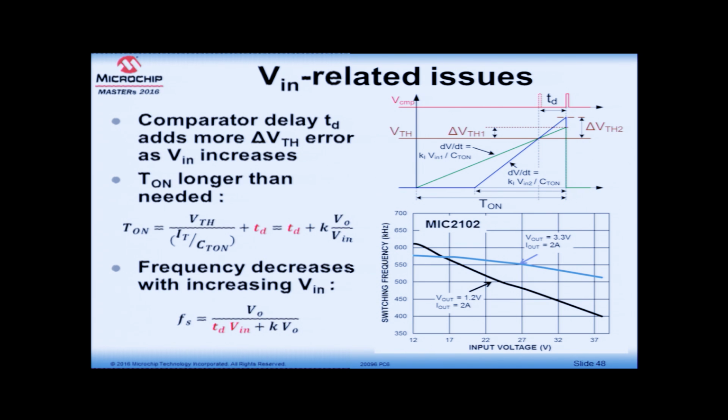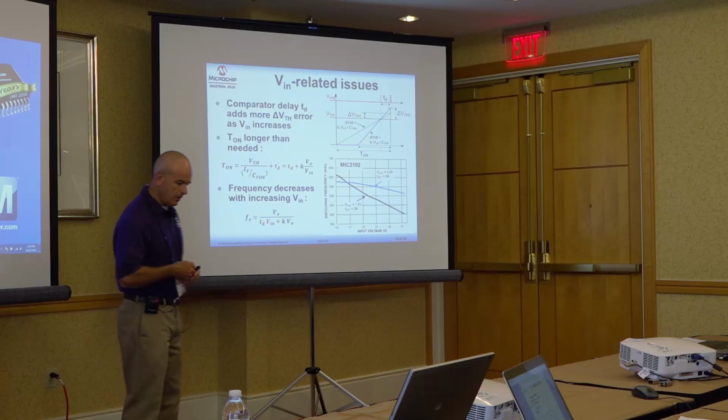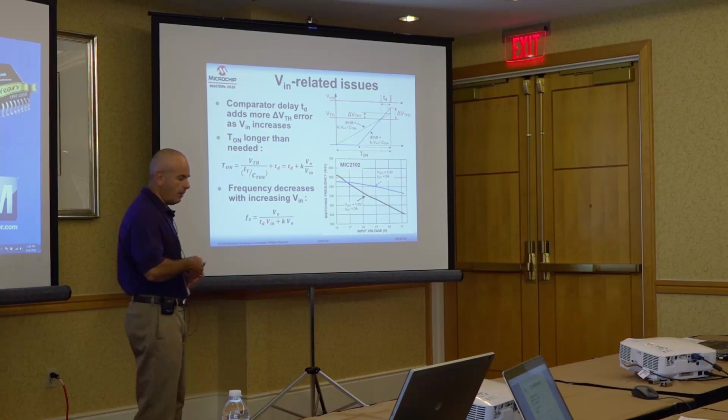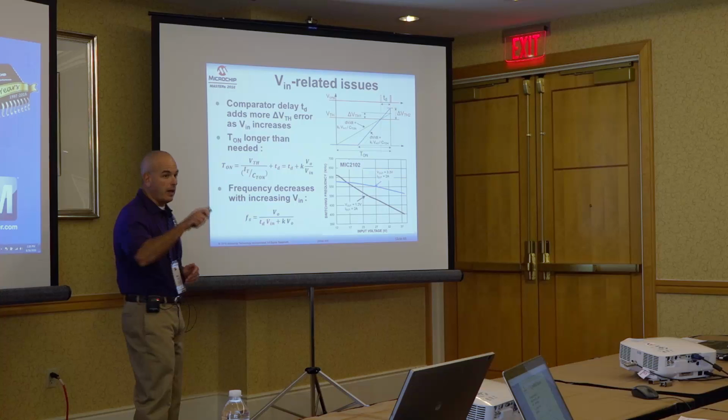So we can see that with a fixed delay, the point at which the comparator will switch, let's say this is our threshold, and we have 2 different slopes of the on-time generation capacitor signal. You can see that in the presence of a faster slope, we are generating a bigger error.